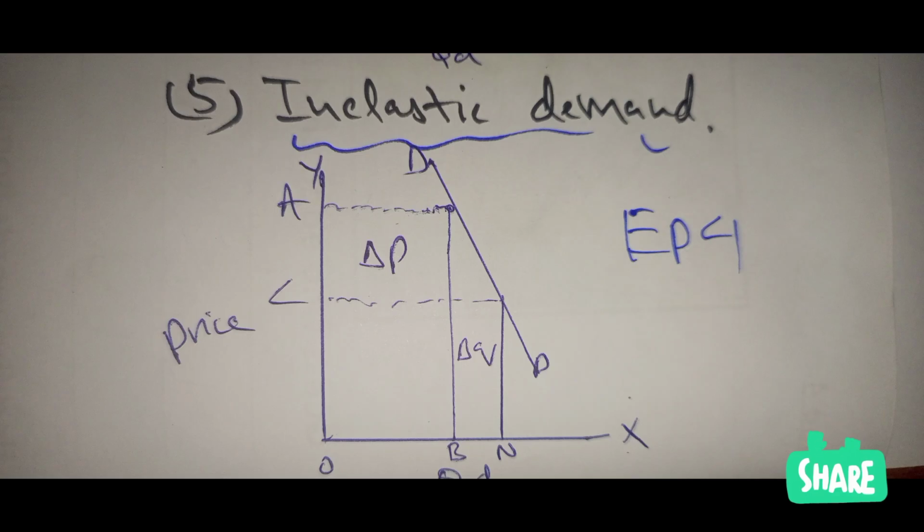Elasticity of demand is equal to: the change in quantity demanded is equal to 10%, divided by the change in price, delta P, which is equal to 30%.